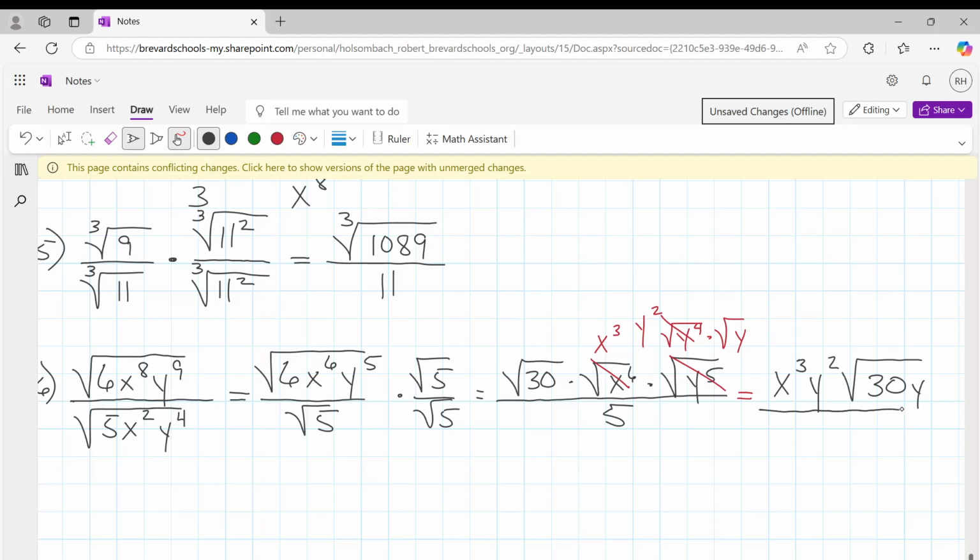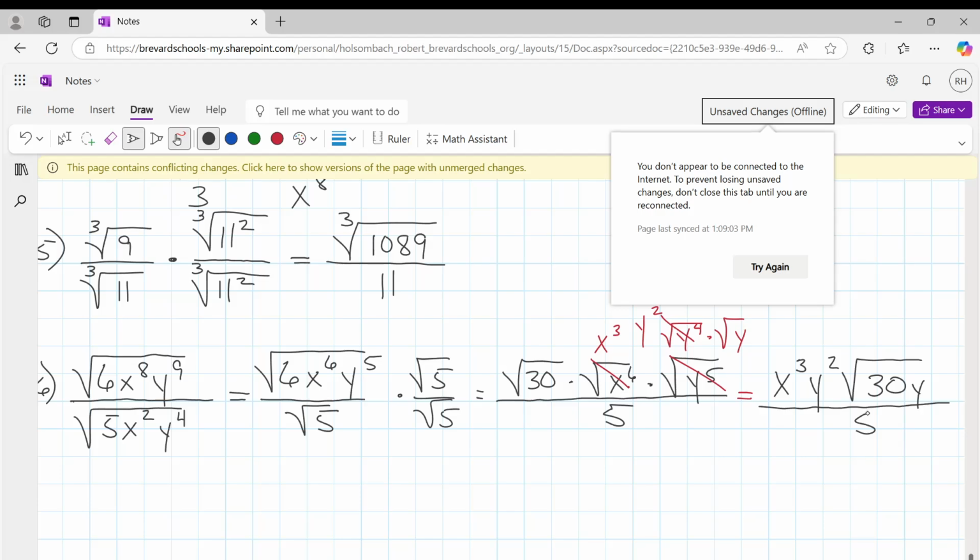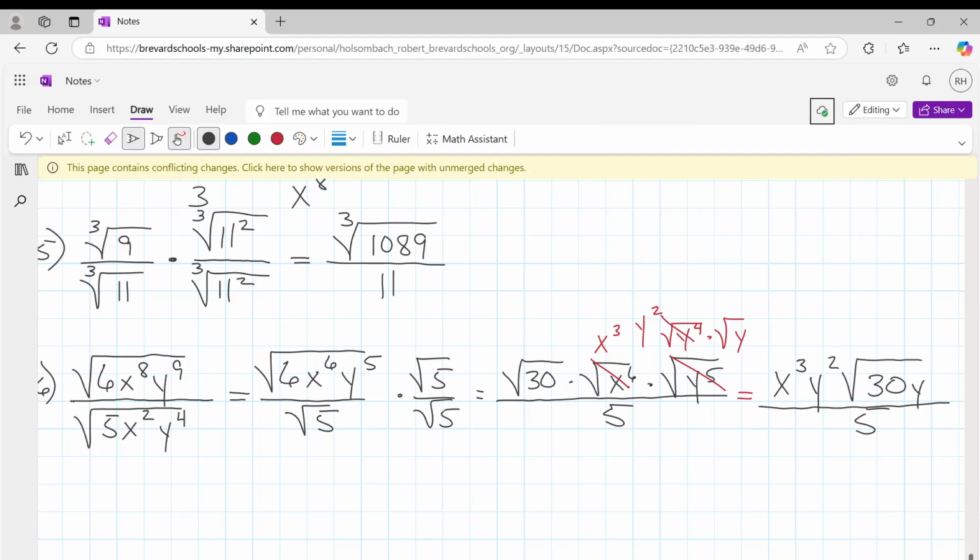And then in the denominator, all we have left is the 5. And that is your simplest form. There's no perfect square factors under the radical, and there's no radical in the denominator.